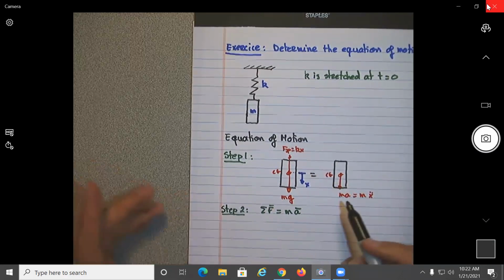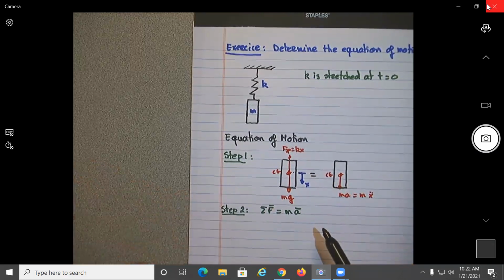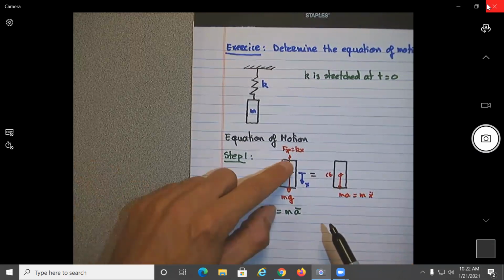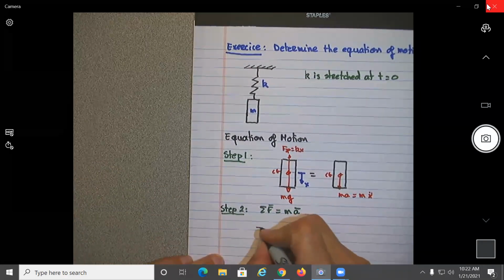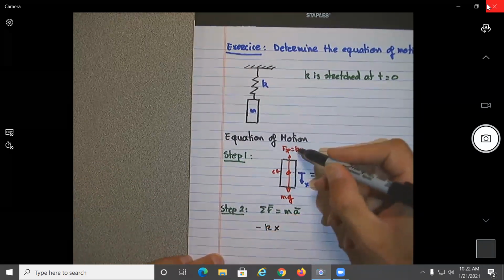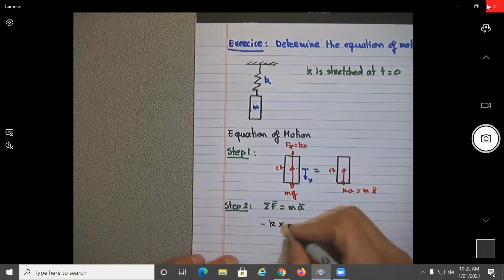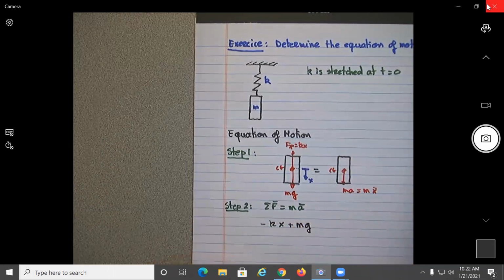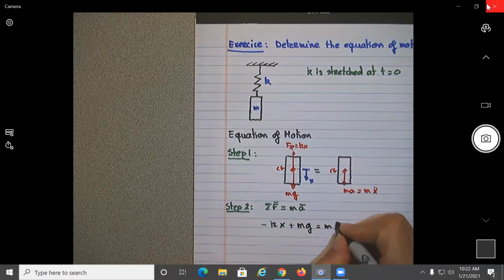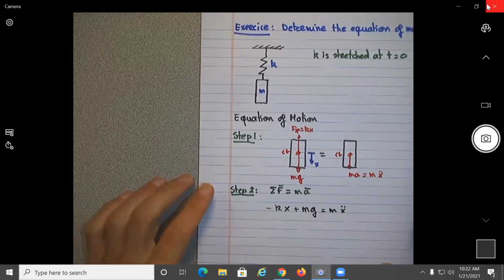All right, so now I look at it, and with this reference frame, what do I get? Minus kx, because we selected x positive going down, plus mg, equal to ma, which you can write as m x double dot.